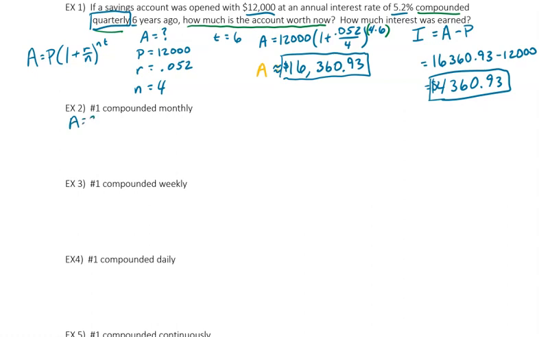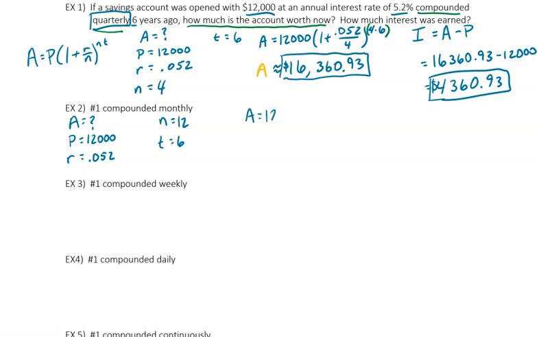So again, if we go ahead and put all of our variables out, we start with 12,000. R is 0.052. This time our N, since it's monthly, is going to be 12. And our time is still 6 years. So let's go ahead and plug this one in.